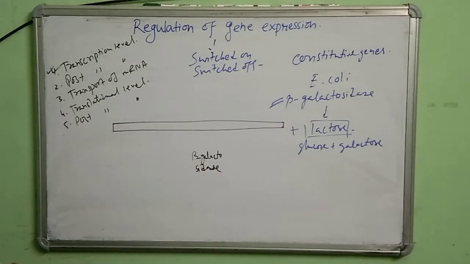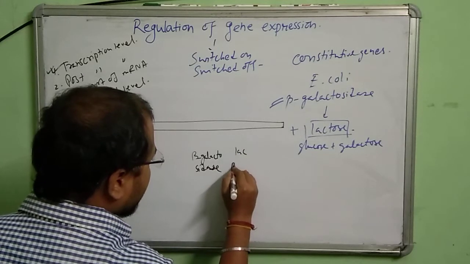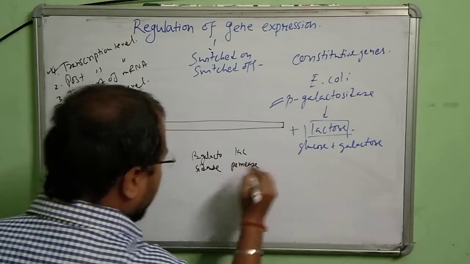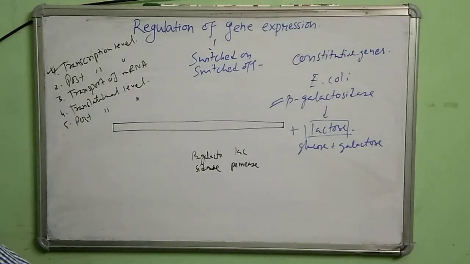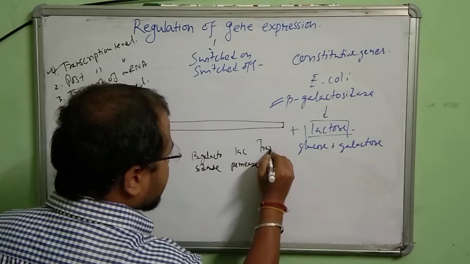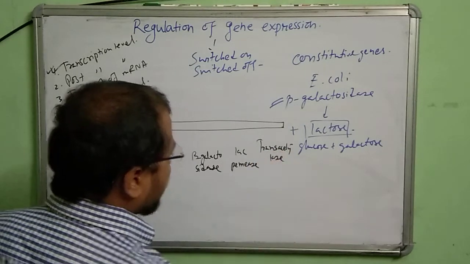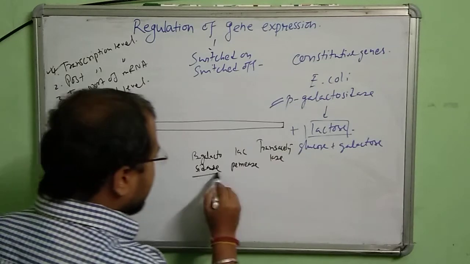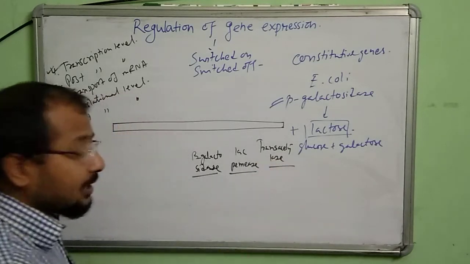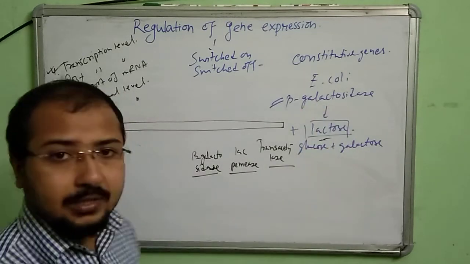Number 2 is lac permease. And number 3 enzyme is transacetylase. These are the 3 enzymes which are required to break down this lactose in the prokaryotic cell.